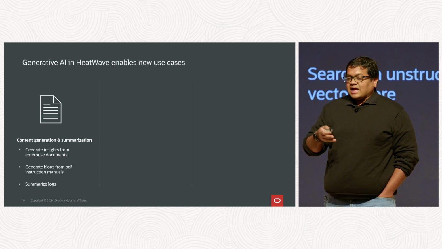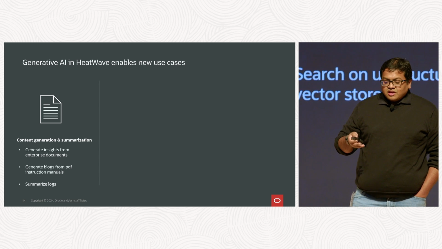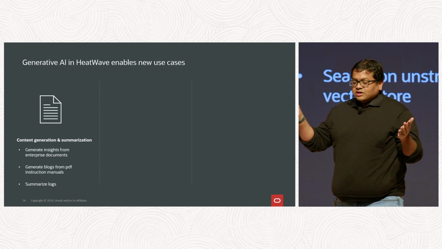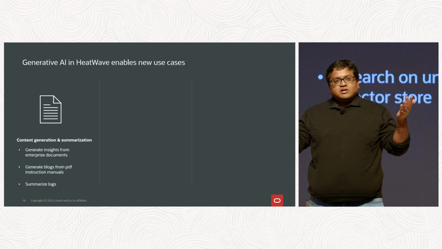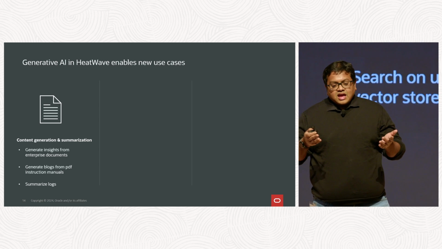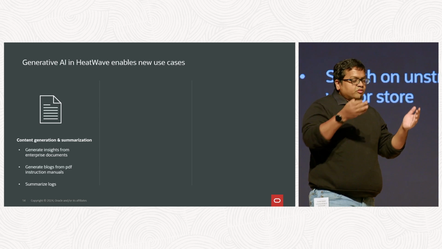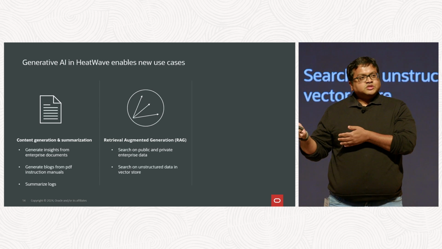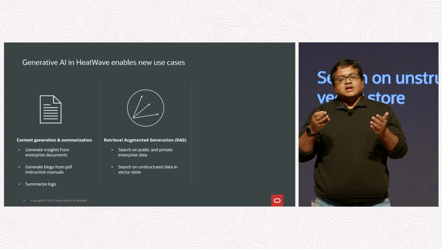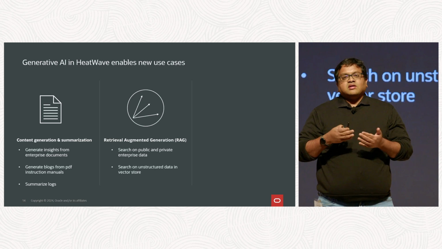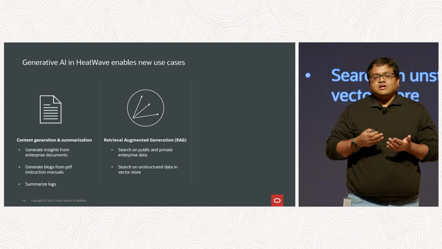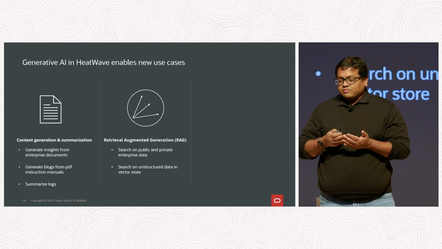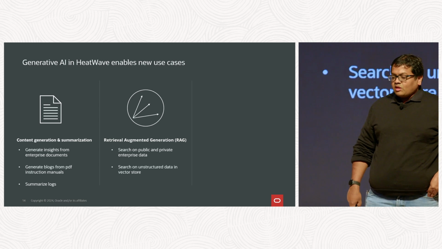That is what RAG is, retrieval augmented generation, where you take context from your enterprise data, which is what the vector store enables, and then you feed that context together with your query to a language model, and the language model then generates an answer, contextualized based on the query and whatever data you give it.